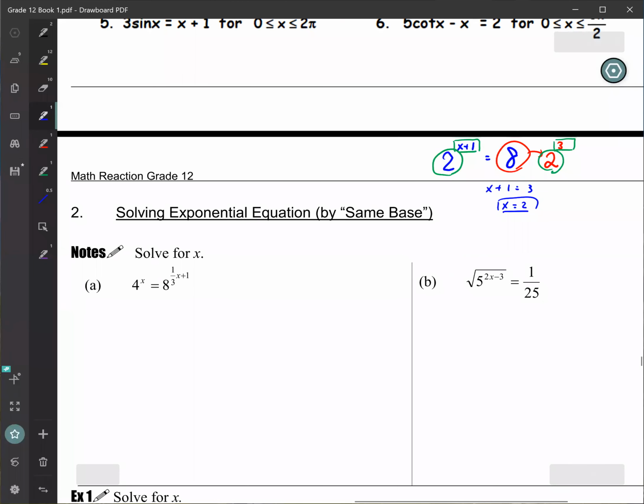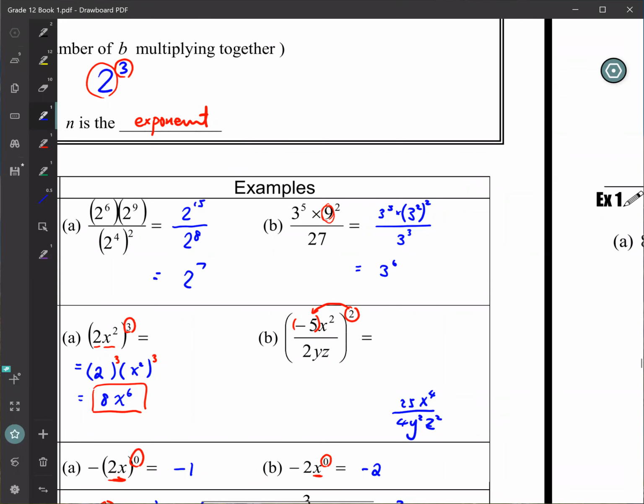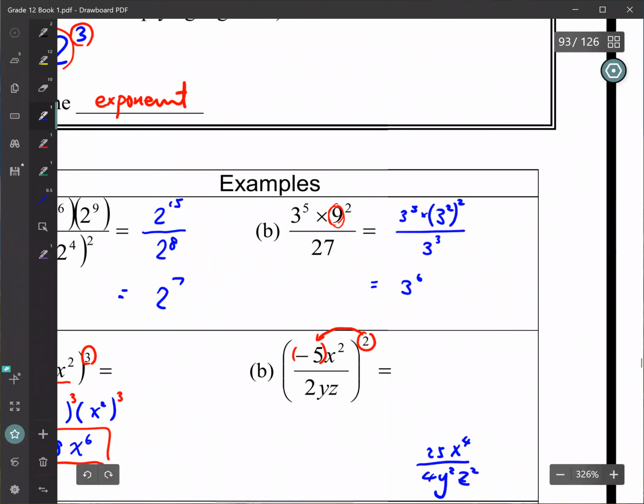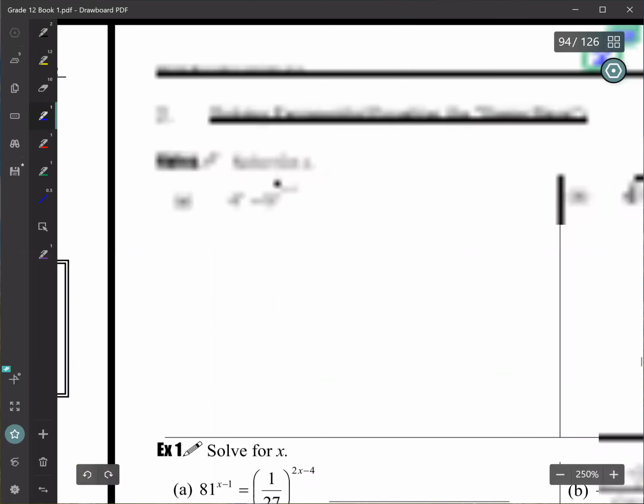You need to know which numbers are the same base as other ones. For example, like the first row that we had, the 3, the 9, the 27, they all have the same base connected to 3. Recognize? So let's try this one.